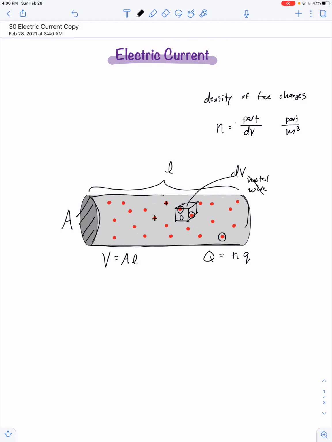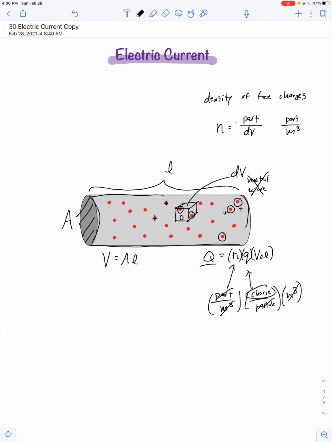In fact, I've decided that it's definitely not, because I am symbolizing the charge carriers as positive, and we know in a metal wire the charge carriers are negative electrons. Anyway, if we multiply the number of particles per cubic meter times the amount of charge per particle, we would still need to multiply that times volume, which would be cubic meters, and so we would have the total amount of charge.